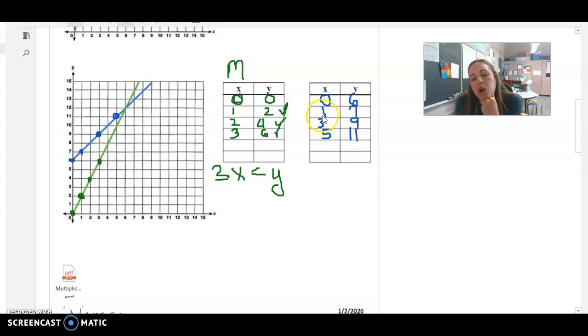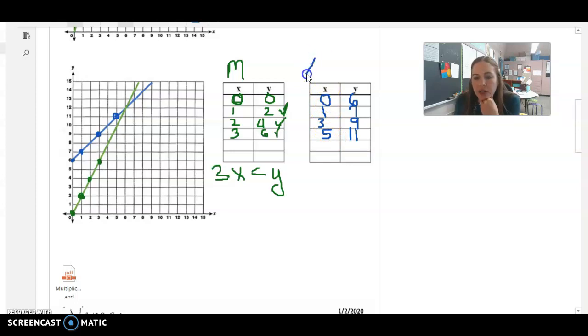Here, if I multiplied 1 by 7, I would get 7. But if I multiplied 3 times 7, I wouldn't get 9. And remember, it has to be the same number for all the x values. Just like here, we multiplied every x by 2 and got what we got for y. And so I'm not thinking it's a multiplicative pattern.